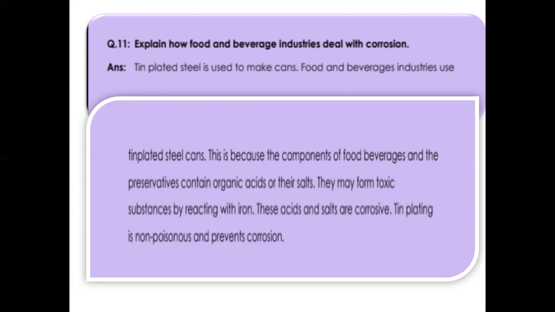What will happen then? They will form toxic substances or toxic food. These acids and salts are very corrosive and dangerous for health. So tin plating is non-poisonous and it prevents corrosion.